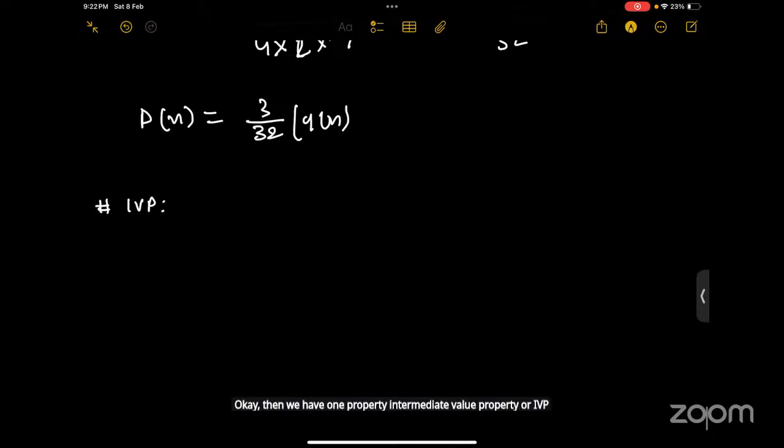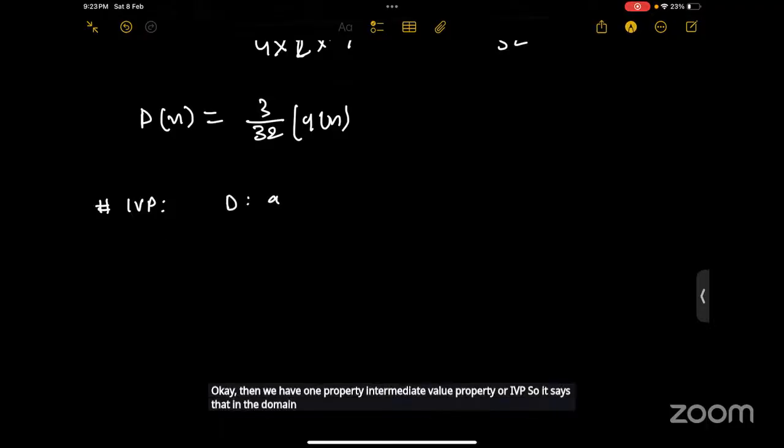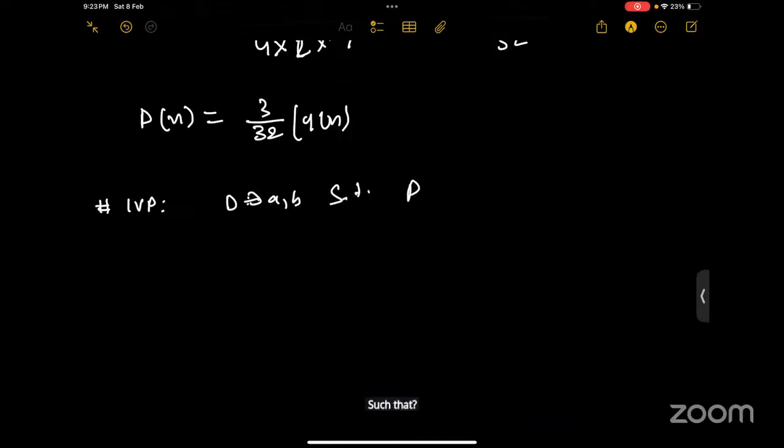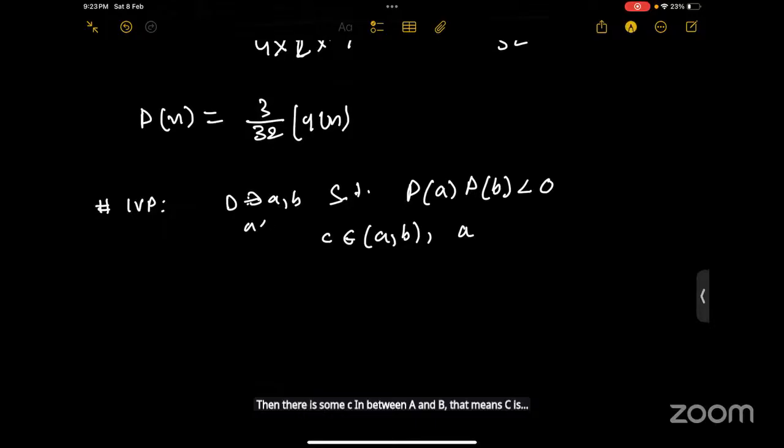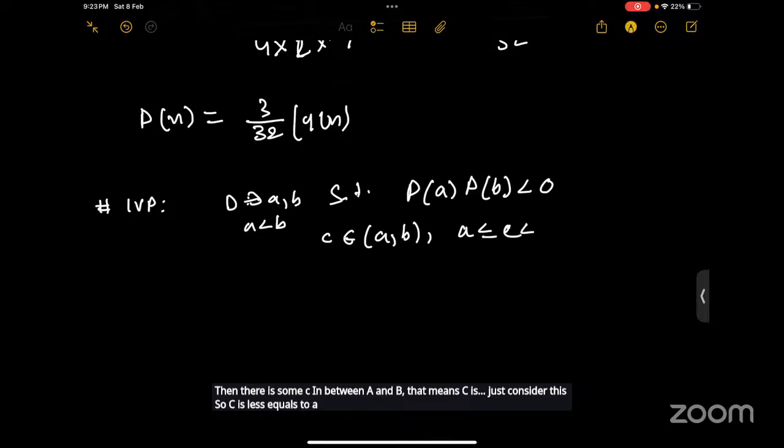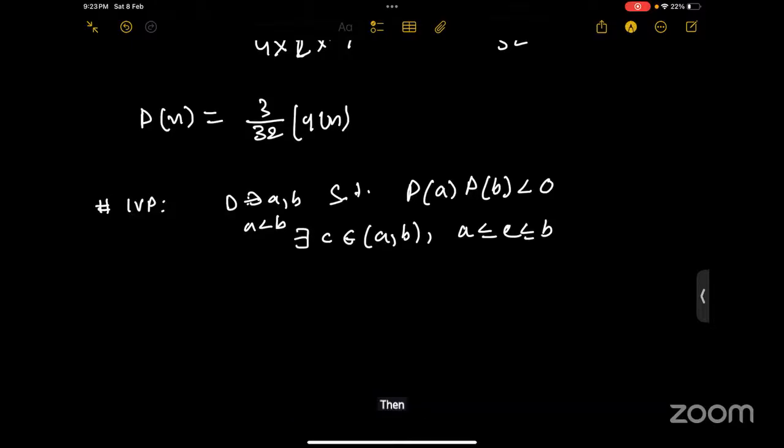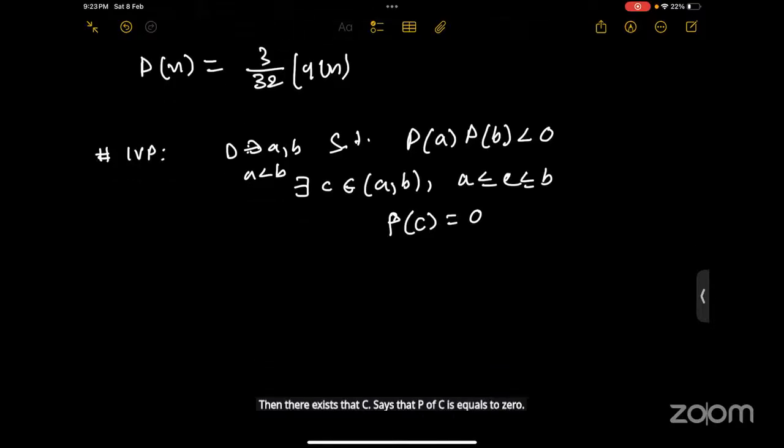It says that in the domain, if I have 2 points A, B in the domain such that P of A into P of B is negative, then there is some C in between A and B, that is, C is greater than or equal to A and less than or equal to B, such that P of C is equal to 0. This is our intermediate value property, right?